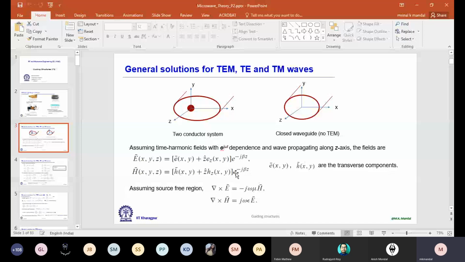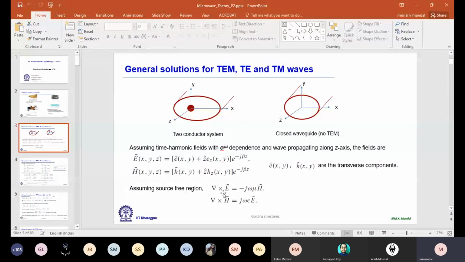Then if we consider it is source free, just inside the guiding structure, J becomes 0, and from del D by del t, it is j omega epsilon E, where D equals epsilon E. Similarly, curl E is minus del B by del t, B equals mu H. So for time harmonic fields, we have the e to the power j omega t, then we have an omega term here, and curl E becomes minus j omega mu H vector.